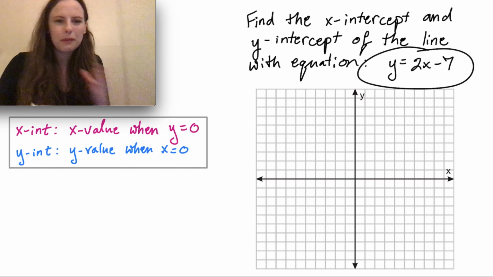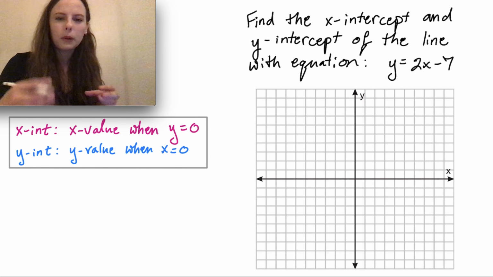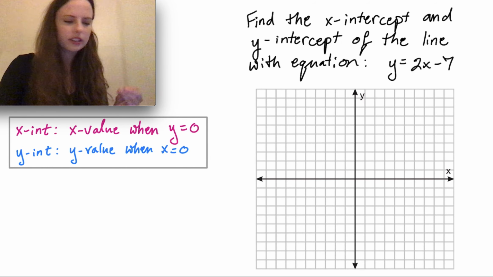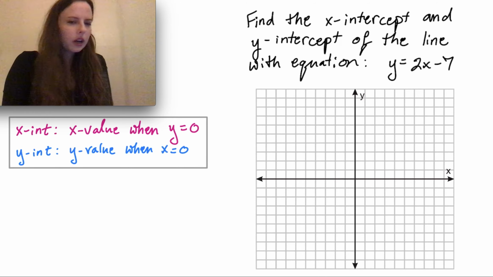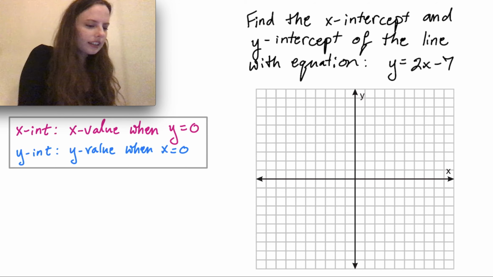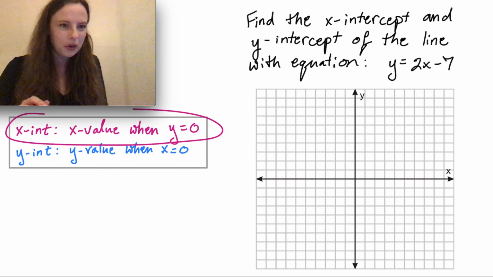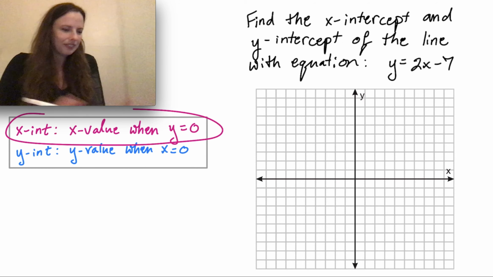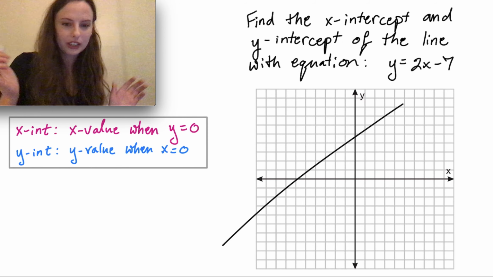So this is more an application of slope-intercept form and knowing how we can plug different values in order to find these intercepts. So your x-intercept is the x value when y equals 0. Well, what does that even mean? Well, let's just say I've got some random line that goes like this.